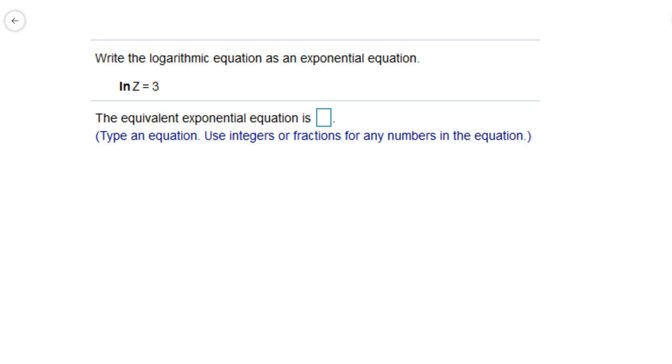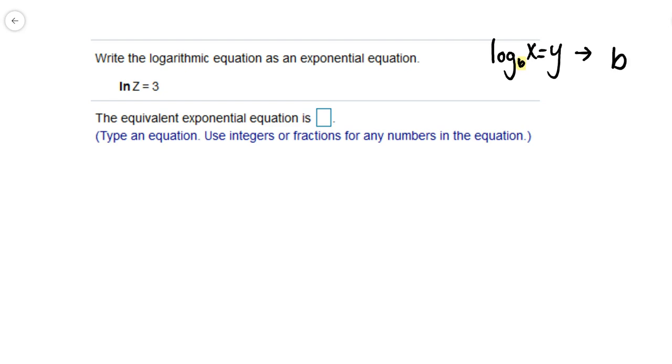Now, anytime we want to write a log equation as an exponential equation, we need to know the relationship between those two. Logs are always written as log base b of x equals y. If we want to write that as an exponential equation, we use the base of the log as the base of the exponent.